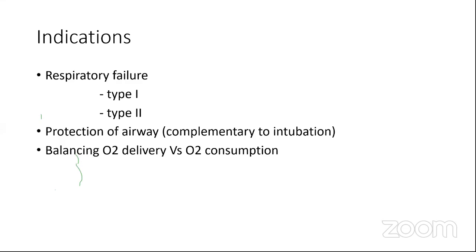And the common examples of this is coma, where the patient is unable to protect airway and hence he's intubated and ventilated. So in most cases, like if we think of a patient with severe traumatic brain injury, for example, he's unconscious, he's unable to protect airway, and hence he gets intubated and ventilated. Now, this patient's cardiopulmonary function is normal.